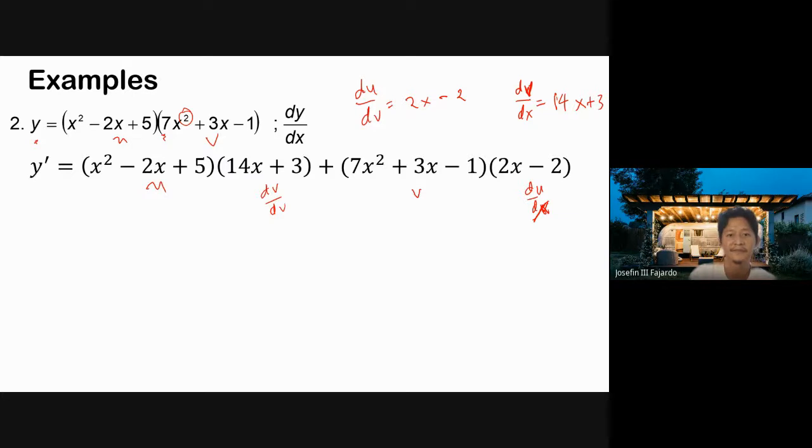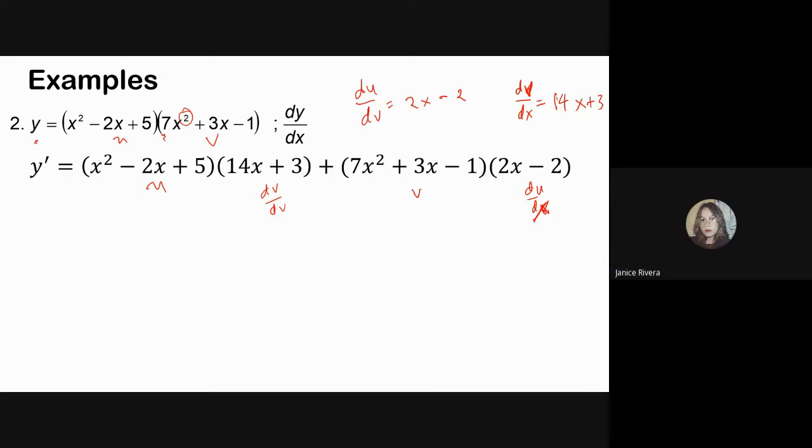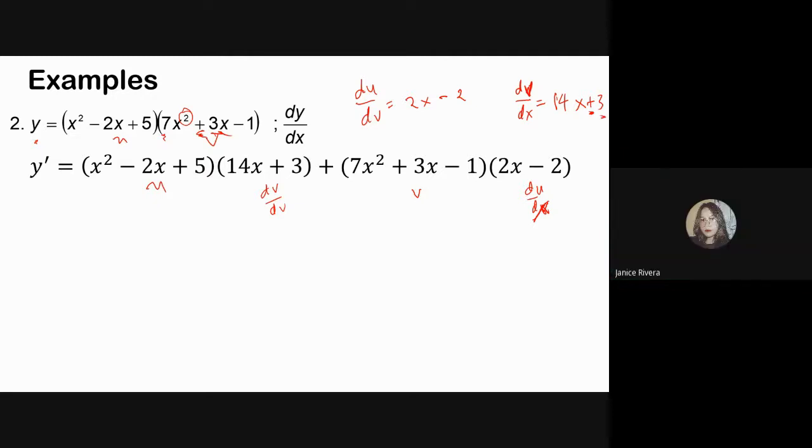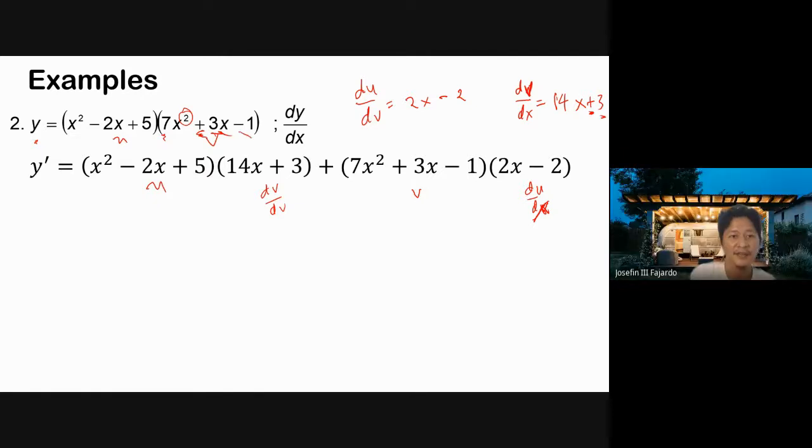Doon po sa 14x plus 3, paano po naging positive 3 yun? Plus kasi ito, iha, di ba? Derivative ni 3x ay 3, kaya plus 3. Si negative 1 kasi, derivative ni negative 1, 0. So, parang minus 0 lang yan. Hindi ko na sinulat.